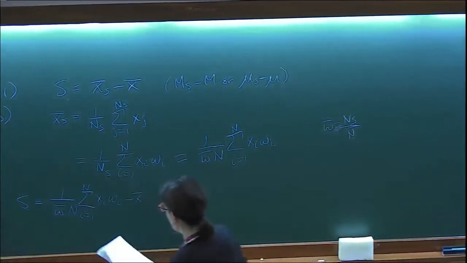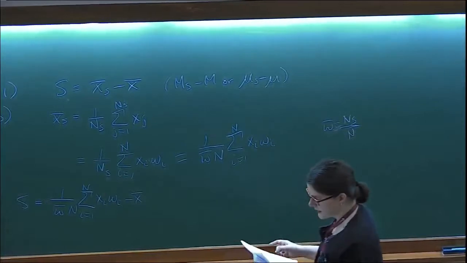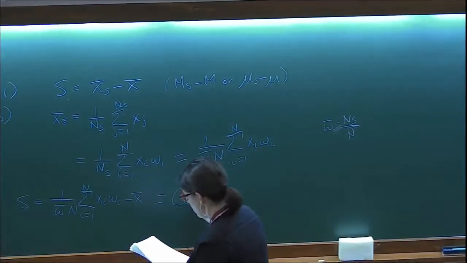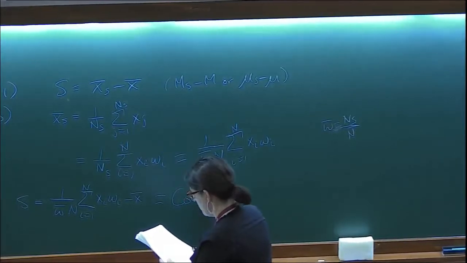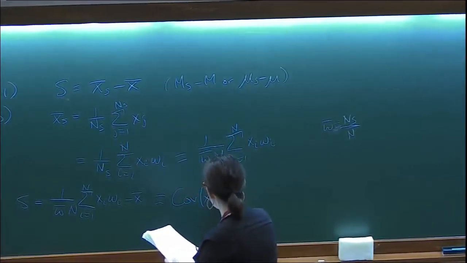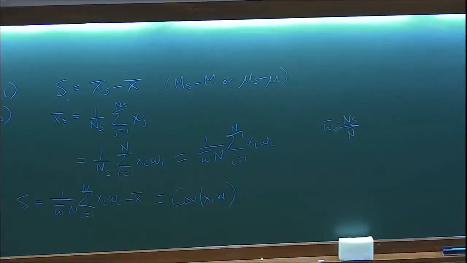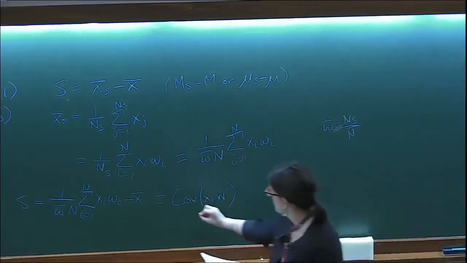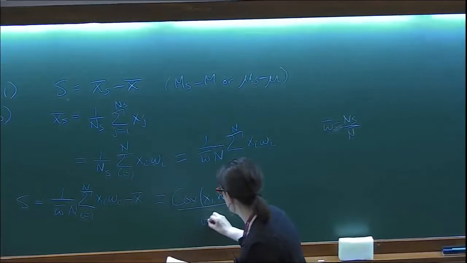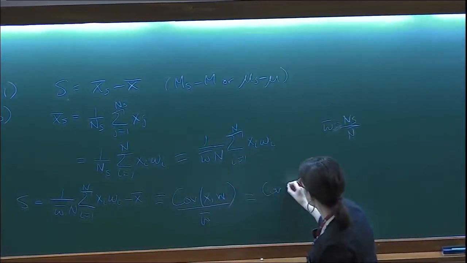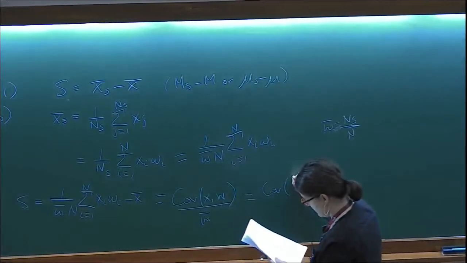Which, with a little bit of moving things around and assuming N is reasonably large, gives you the covariance of X and W, in terms of W bar. And sometimes that's written this way instead, pulling the W bar inside.